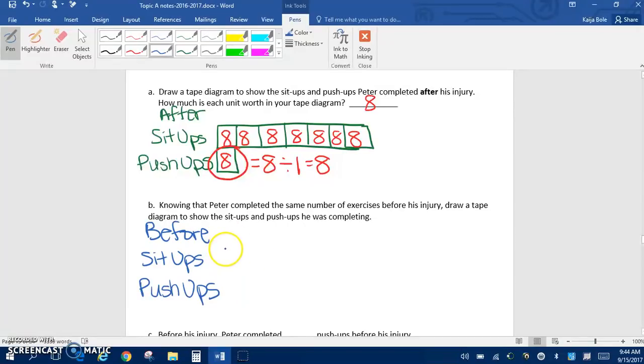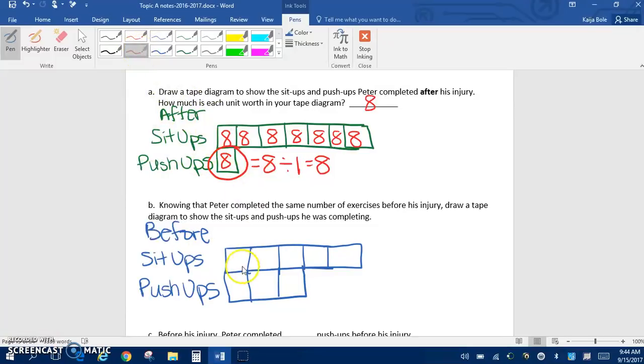So sit-ups is going to get 5 boxes now, and push-ups is going to get just 3. Make sure they're connected. We know from part A that each box represents 8, so go ahead and fill that in.